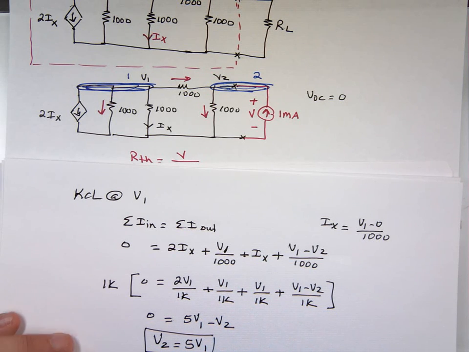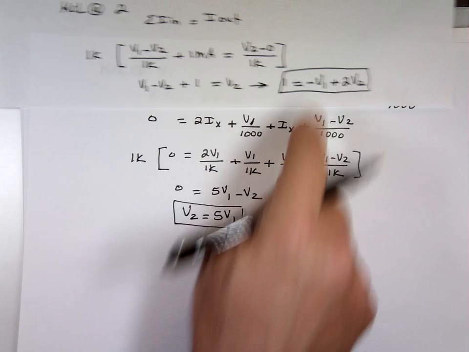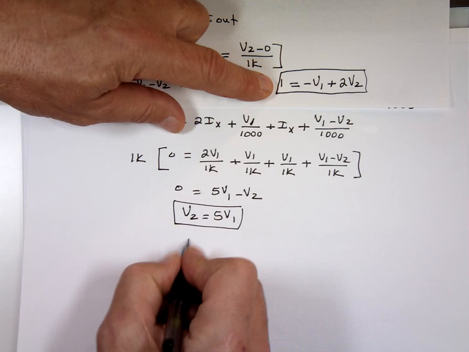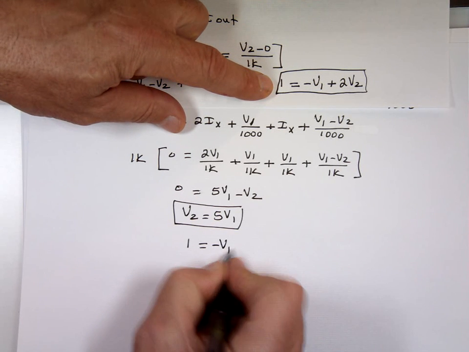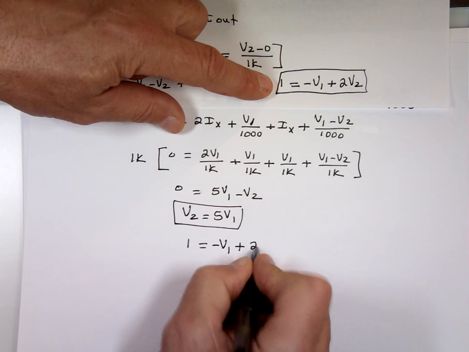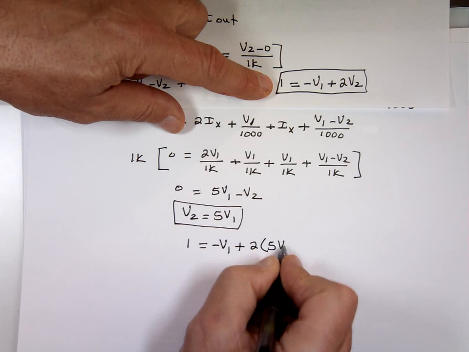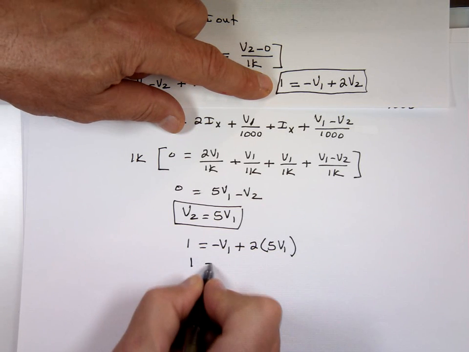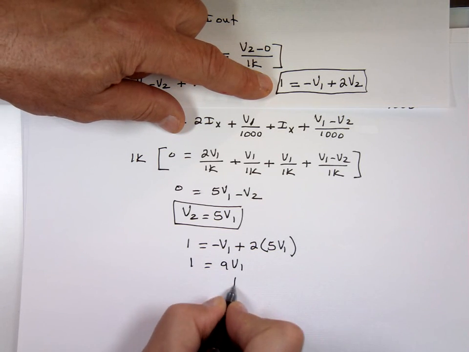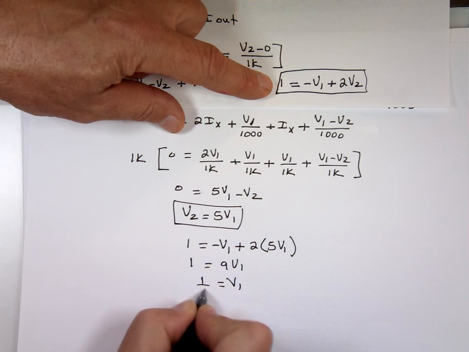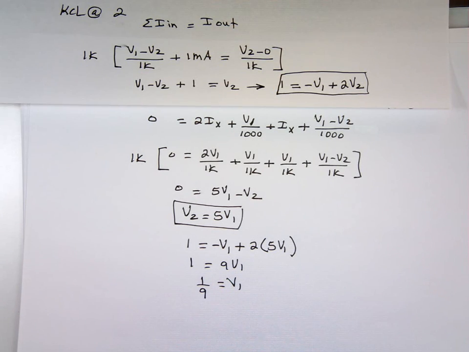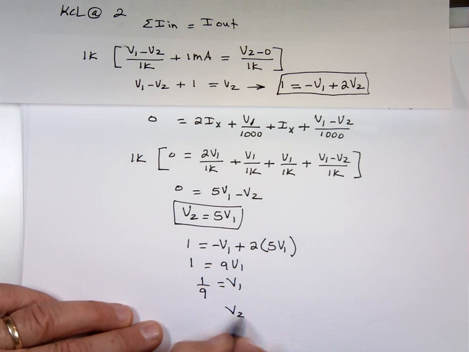And there's my other equation. Plug it in: 1 equals negative V1 plus 2 times V2, which is 5V1. V1 equals 1/9. What's V2? 5 times that.